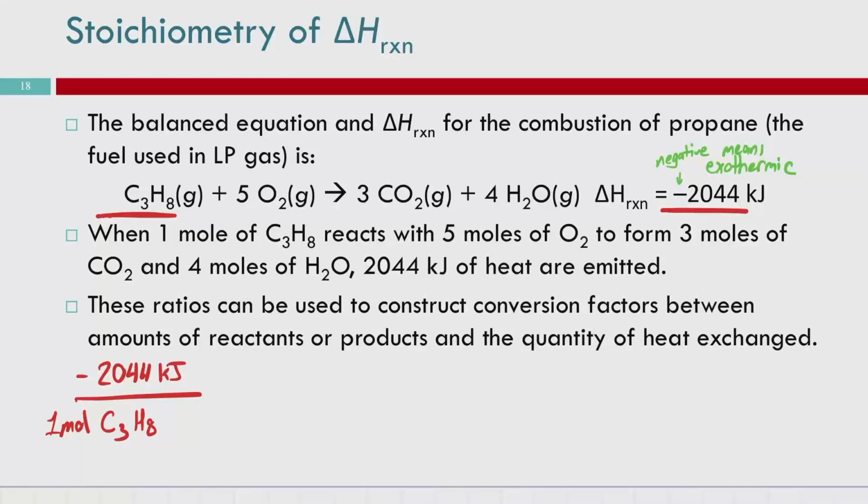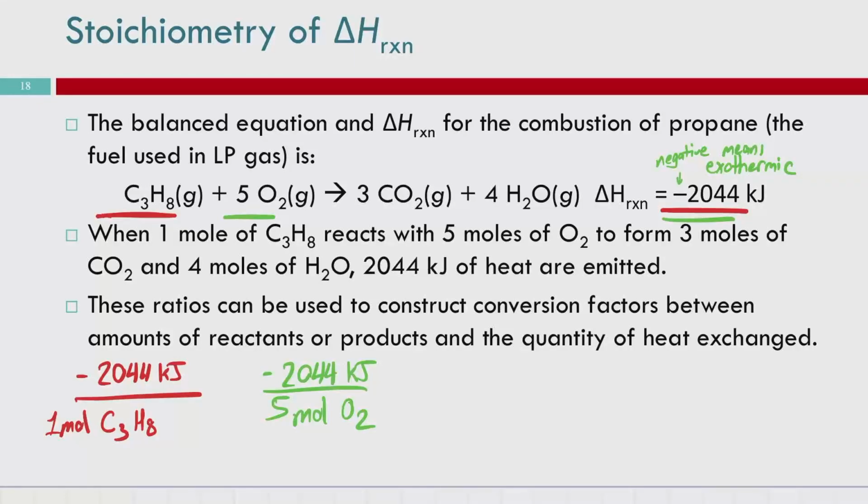We can also do this with our O2, negative 2,044 kilojoules per 5 moles of O2. So if you put in 5 moles of oxygen, you'll get out this amount of heat. If you put in half this amount of oxygen, 2.5 moles of O2, it's going to be half this amount of heat. So it scales based on the amount that we actually put in.